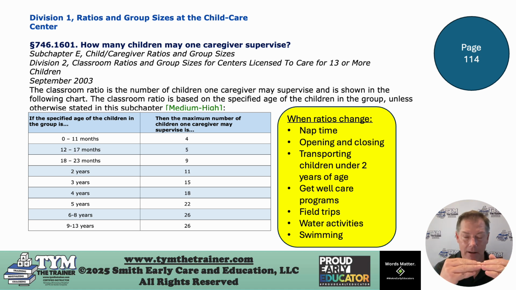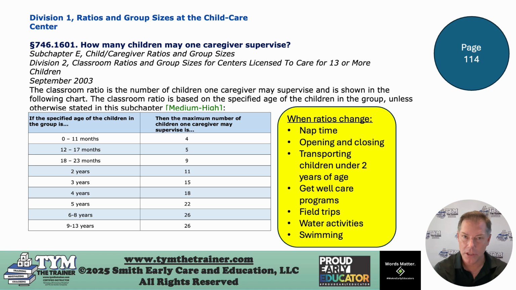And the key thing right there is it's children 18 months and up. All right. Opening and closing the facility: the first 45 minutes of the day, the last 45 minutes of the day. For children 18 months and up, you can run a 1:16 ratio during those times.